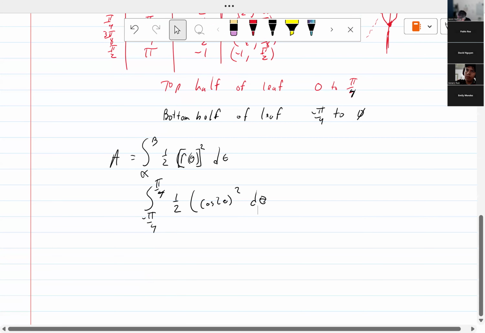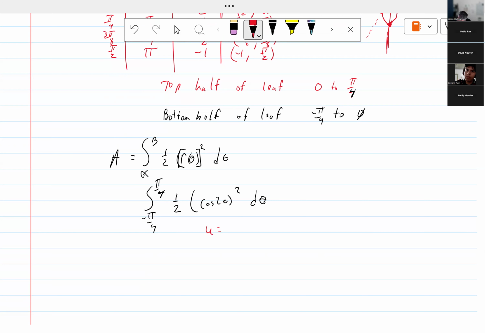Okay, so now let's set this up. Let's do a u substitution on this. u is equal to 2 theta, du is equal to 2 d theta, so du over 2 is equal to d theta. If I take u of negative pi over 4, that's negative pi over 2 when I multiply it by 2, and u of pi over 4 is positive pi over 2.